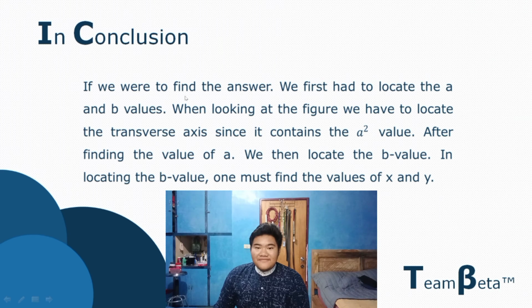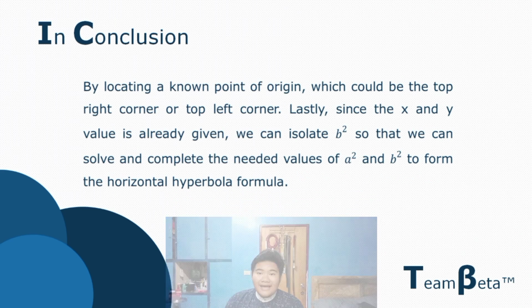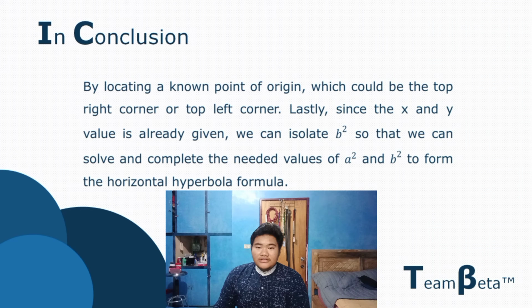In locating the b value, one must find the values of x and y, by locating a known point, which could be the top right corner or top left corner. Lastly, since the x and y values are already given in the illustration, we can isolate b squared so that we can solve and complete the needed values of a squared and b squared to form the horizontal hyperbola formula.